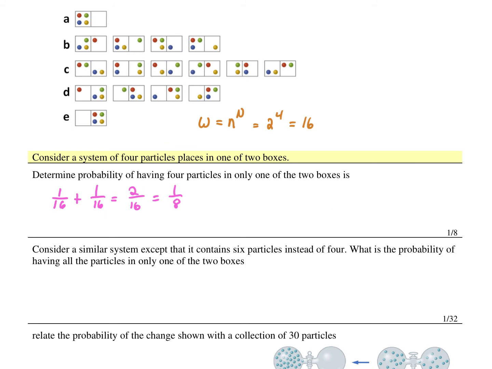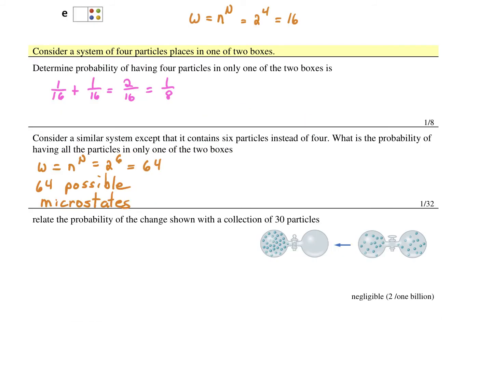Let's go on and consider 6 particles. The difference being that there will be a greater number of possible microstates. So there's 64 possible microstates. Only 2 correspond to having all particles in one box.